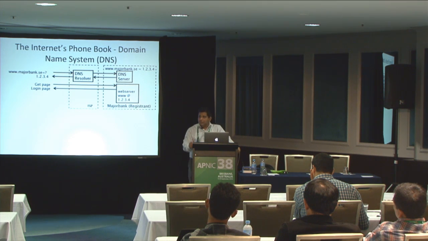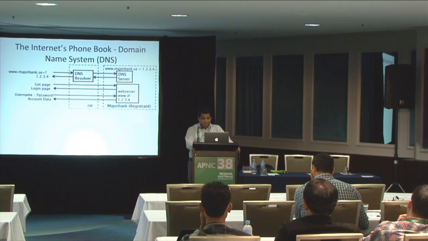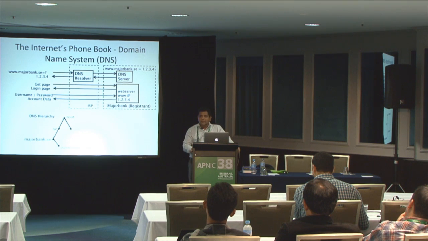Say if you want to log into your account, you might see a login page there, and you would try to give your credentials, maybe your username and password and so on. And this is what we do, and then you'll get your account data, all right? So when this happens, it travels through the DNS tree hierarchy.